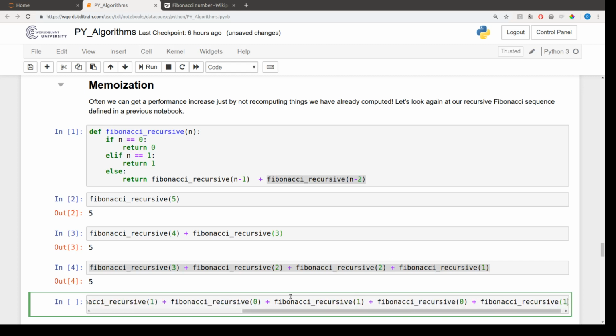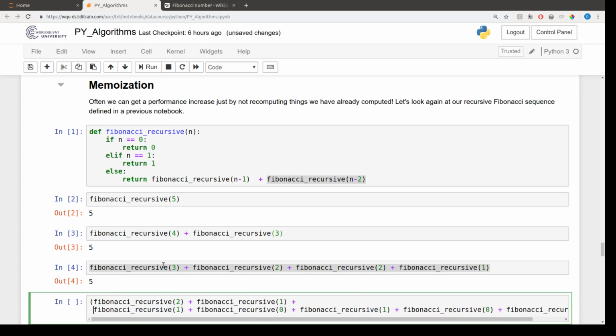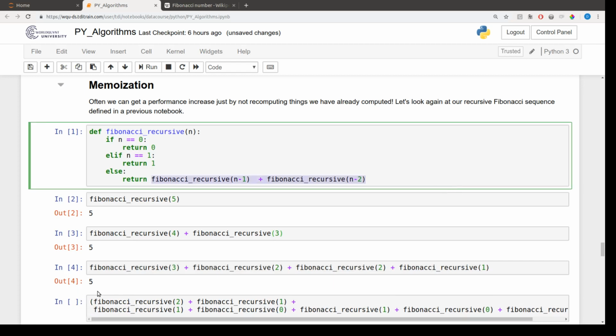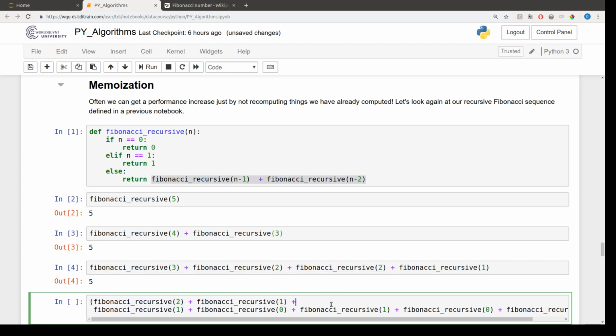I'm going to expand it one more level, and then I'm going to say that's enough, because you get the idea. So here we have Fibonacci 3, which recursively calls, again, Fibonacci 2 and 1. Fibonacci 2 becomes 1 and 0. We have another Fibonacci 2, which becomes 1 and 0.